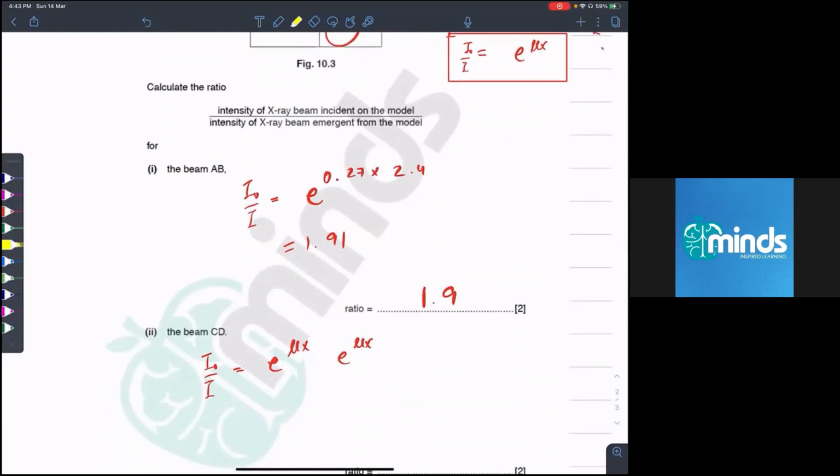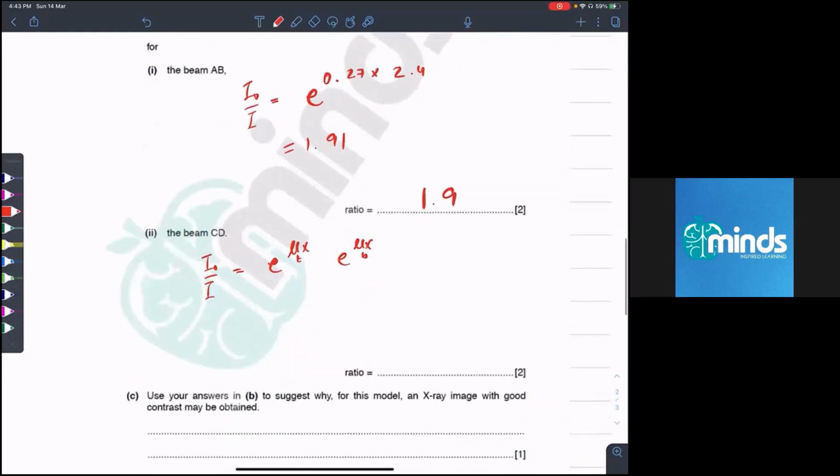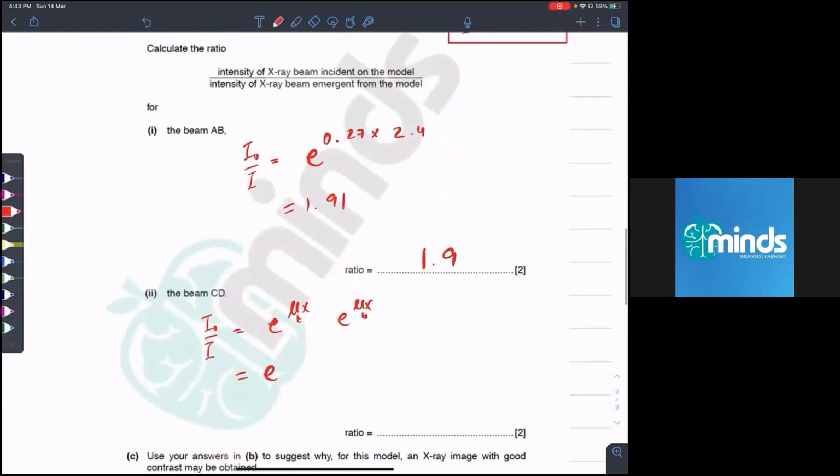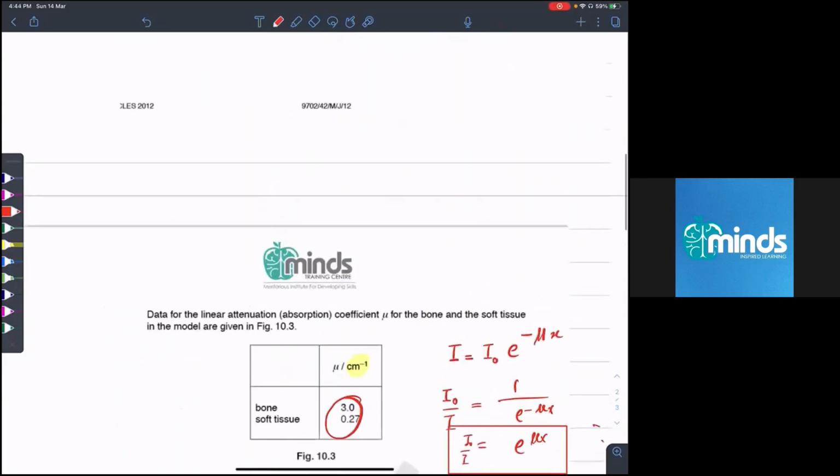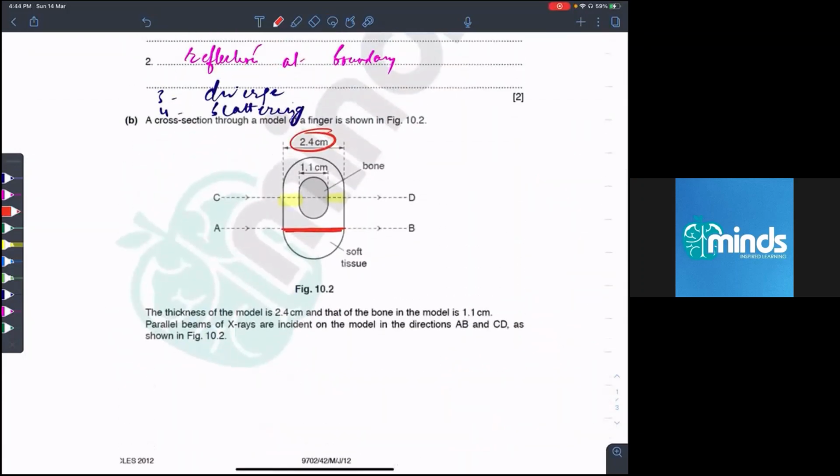So let me do one thing. This is for soft tissue. This is for bone. Now, if I put the value for soft tissue, the coefficient is 0.27. Now, what is the thickness for soft tissue? Only the yellow highlighted portion. Can I say it is 1.3 centimeter?